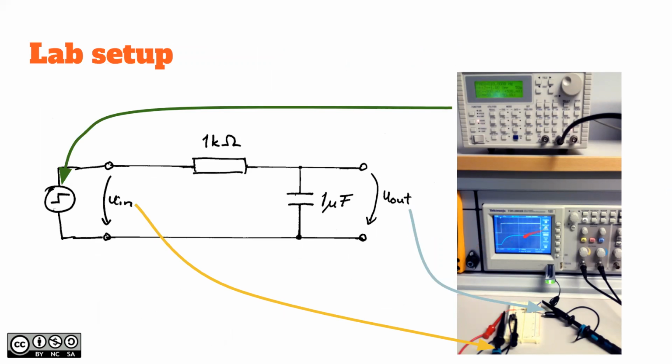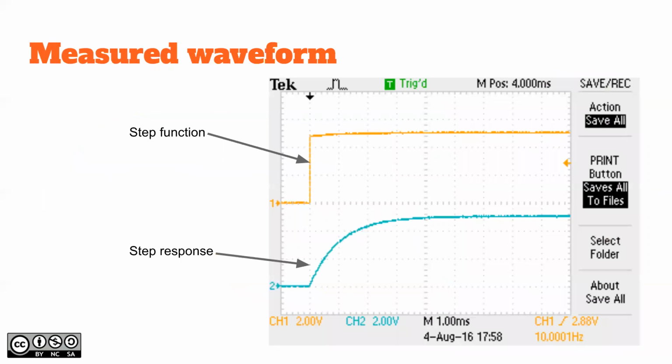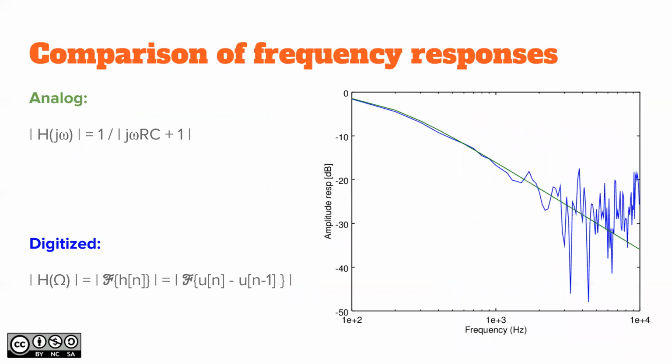And that blue curve here, that's the measured signal, quite familiar, but that's also from a digital sampling oscilloscope. So that's the measured waveform, step function and step response. DSO, digital sampling oscilloscope. So actually I just took the data and truncated.